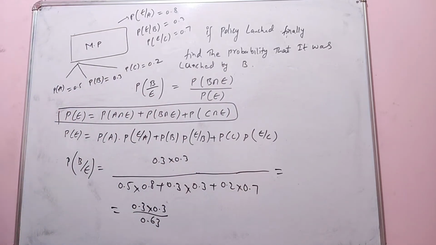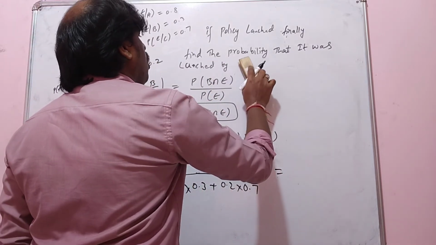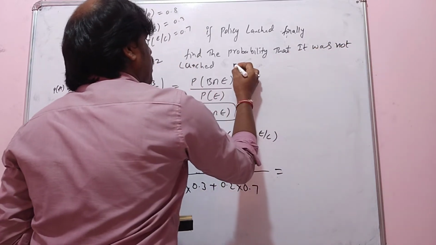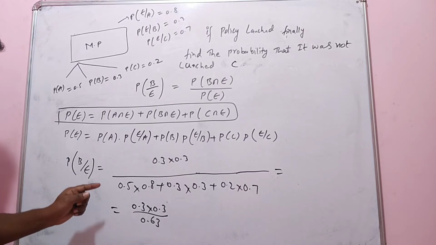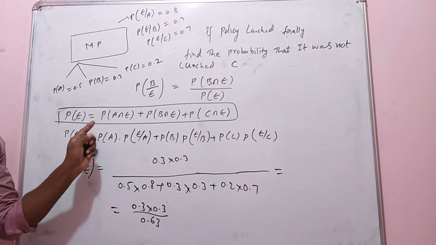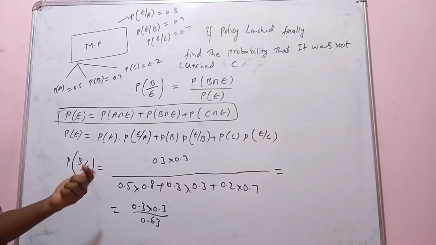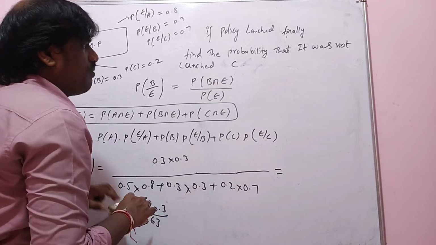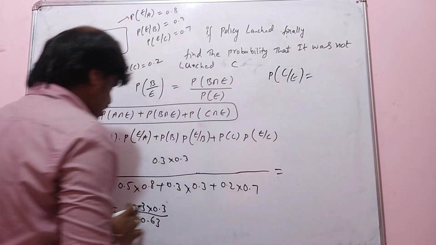If the same question is asked, that it was not launched by C, don't do it like that. Don't find the probability of C upon E and don't do minus, because that answer will not be equal. What you do for this one is find the probability of C when E already happened.